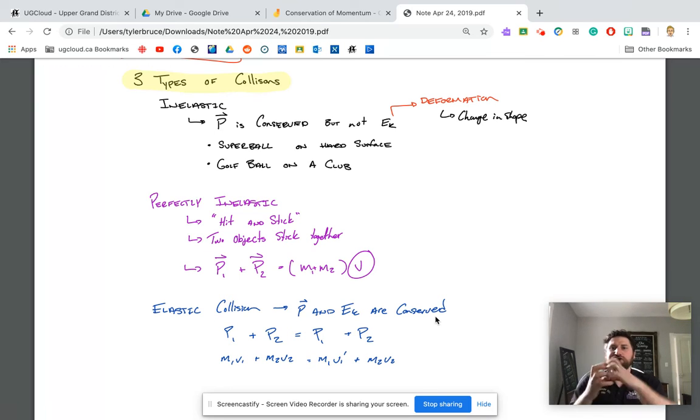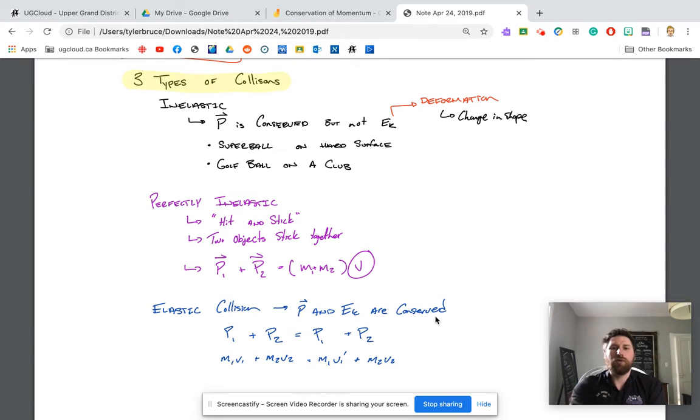So there's some sort of change in shape or deformation, like a super ball, or when we looked at that super high slow-mo camera of the golf ball hitting the club, there's a deformation of shape, and that's where the energy is going to go. You don't know how to calculate how much energy is lost due to deformation yet, maybe in second year engineering, but all you need to know is that the energy is going to be lost at some point.